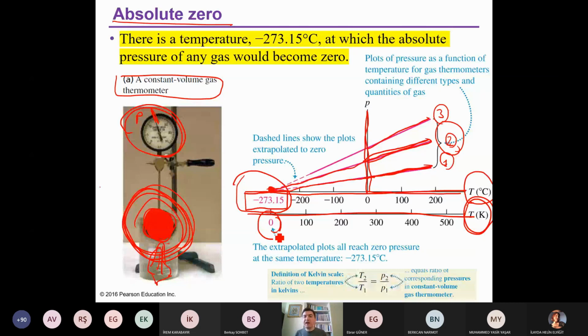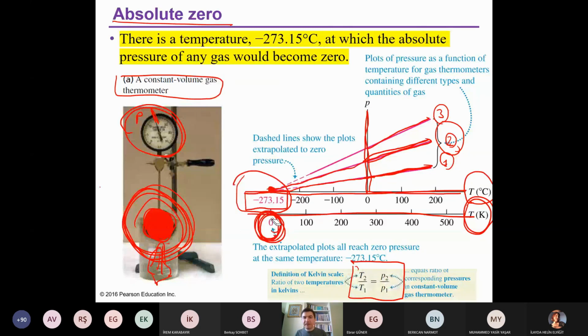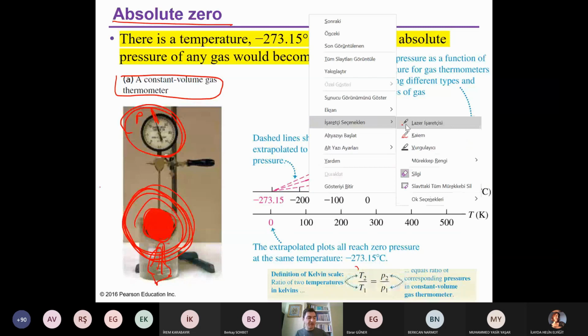And we have this relation between temperature and pressure. If you increase the temperature, you increase the pressure. If you decrease the temperature, you decrease the pressure. So this is the Kelvin scale, and you can also convert the temperature from Kelvin to Celsius, or from Celsius to Kelvin. Do you have any question here?